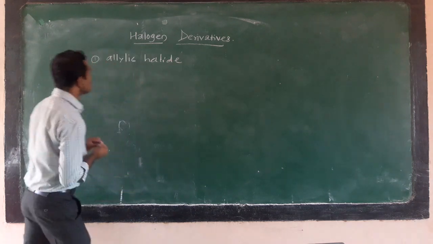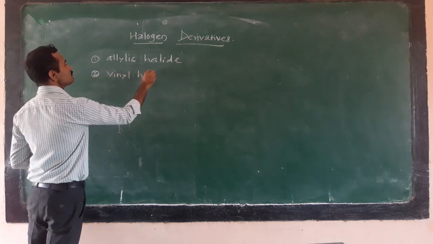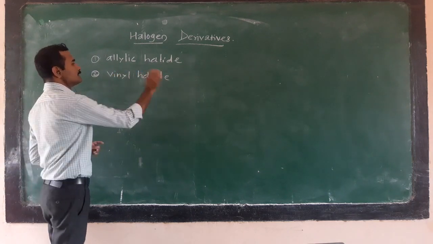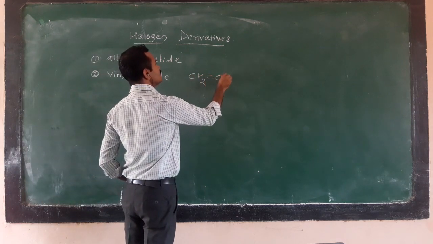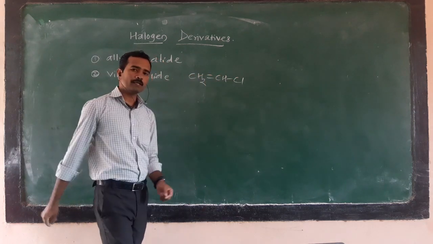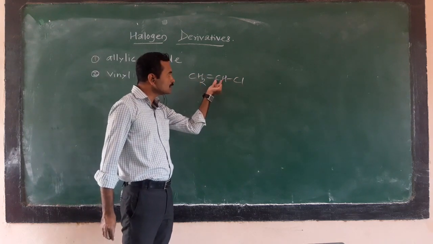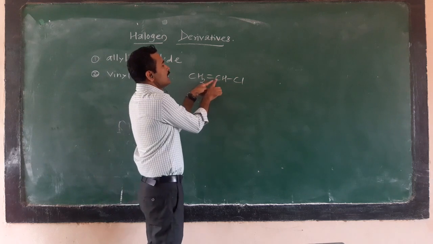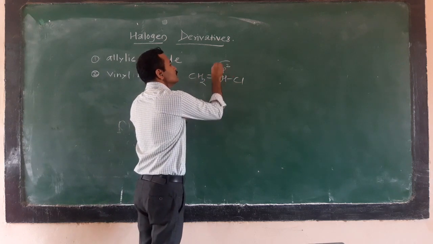Next one is vinyl halide. The example for vinyl halide is CH2=CHCl. Now what happened here? In this vinyl halide, the chlorine atom is attached to this carbon, which is directly part of the double bond. So that's why the carbon has sp2 hybridization.